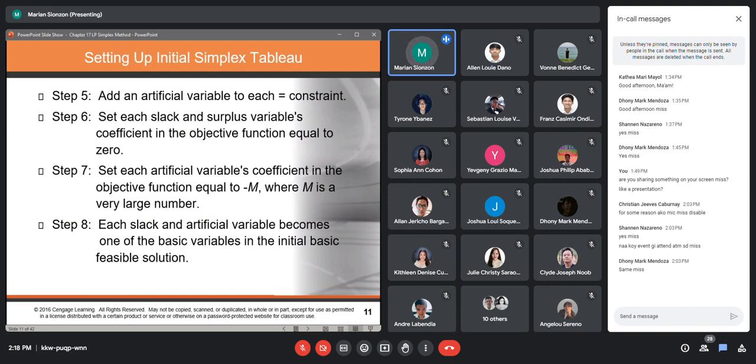The artificial variable is presumed or assumed to be a very expensive substitute. So if it is a very expensive substitute, the m value is a very large number. Okay? Now, each slack and artificial variable becomes one of the basic variables in the initial basic feasible solution.